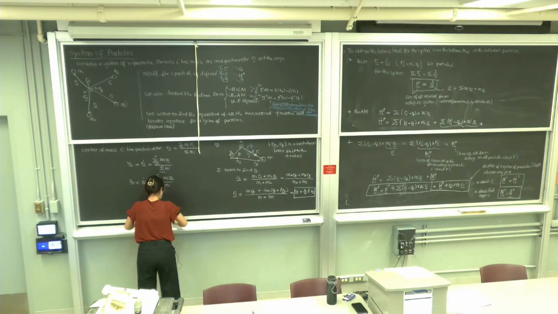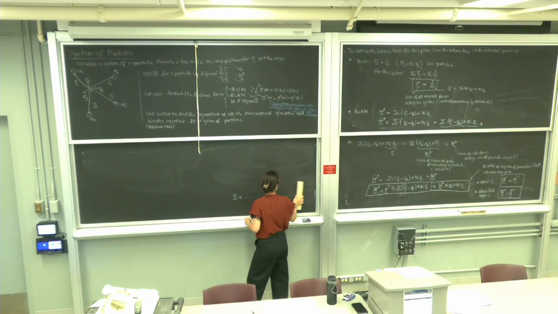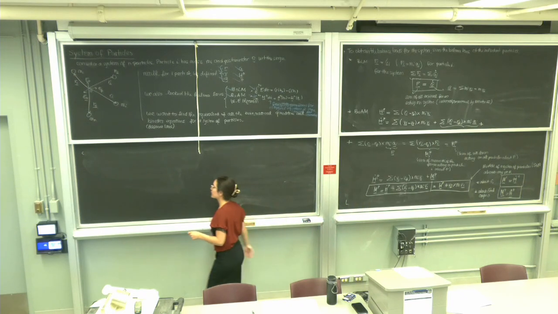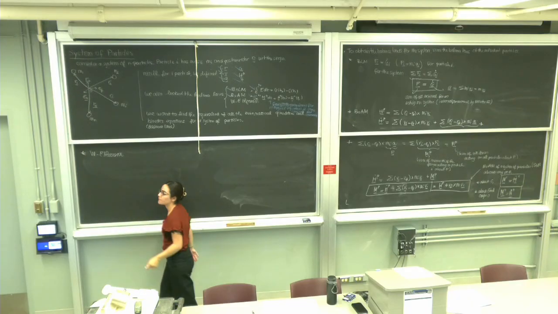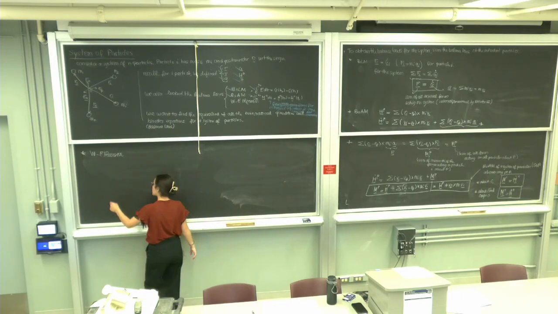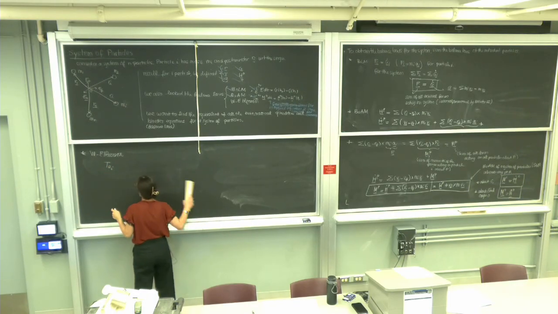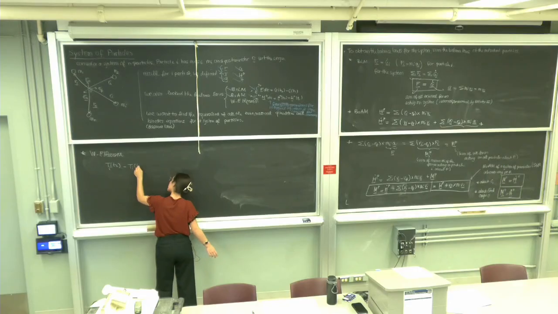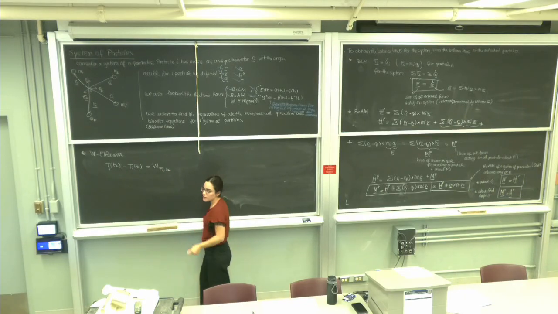So for each individual particle, we have its own work energy theorem, which is that the kinetic energy T2 of i minus the kinetic energy T1 of i is equal to the work of the forces Fi from 1 to 2. That's for particle i.